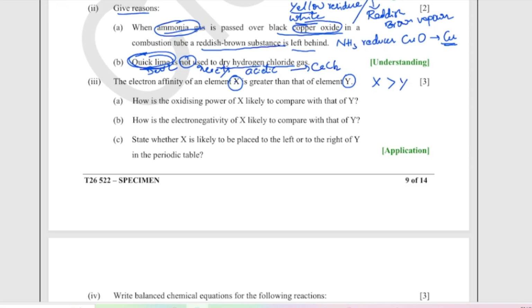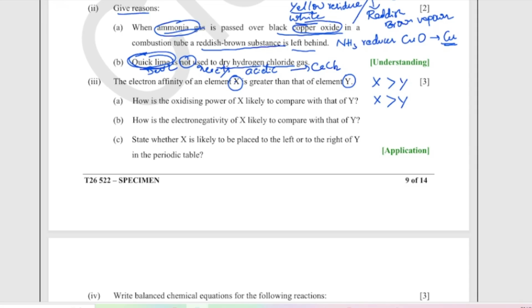Electron affinity means the energy released when it gains an electron, which is higher for X. So when the electron affinity is high, X will be a stronger oxidizing agent compared to Y.